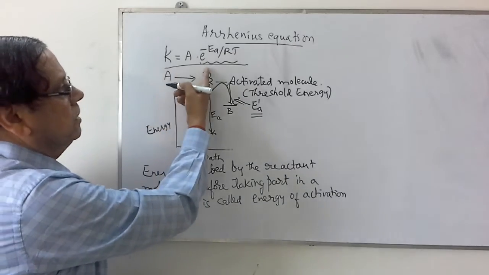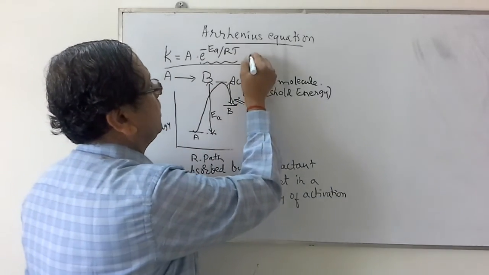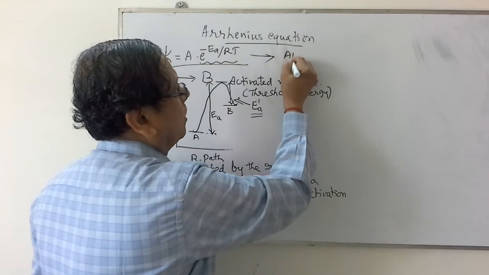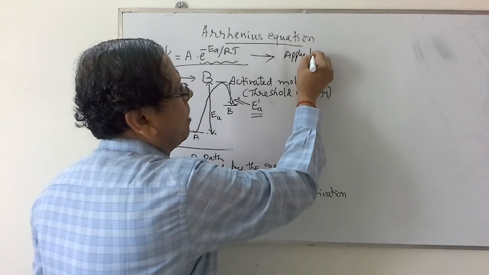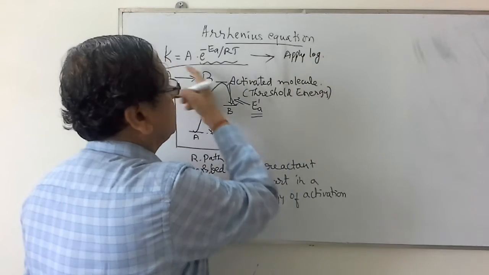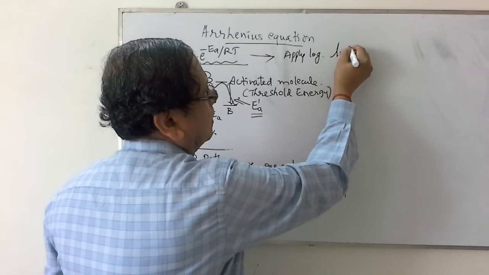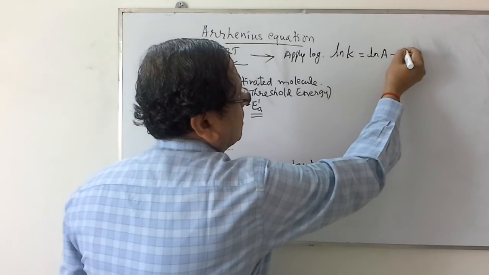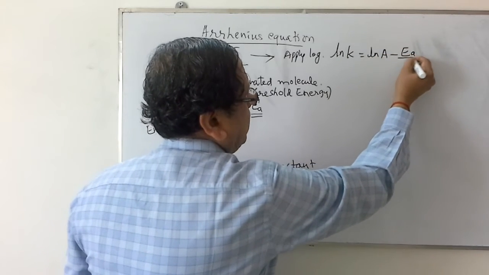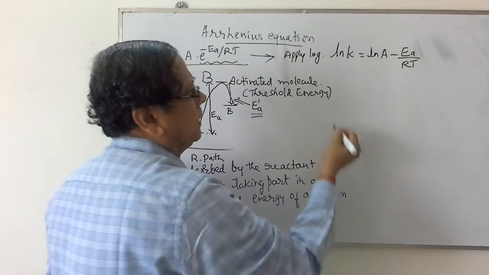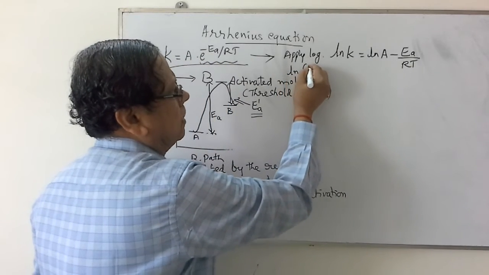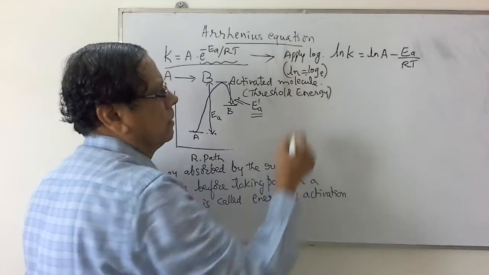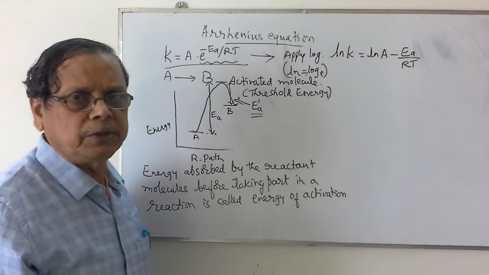For this equation, that is k = A e^(-Ea/RT), you apply logarithm. We get ln k = ln A - Ea/RT. Here ln stands for logarithm to the base e.